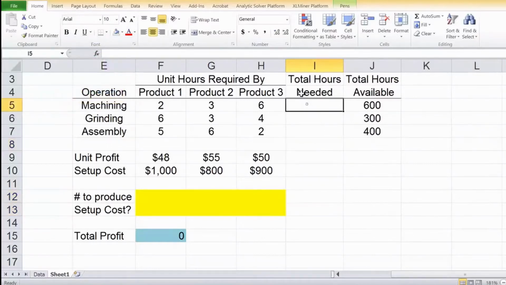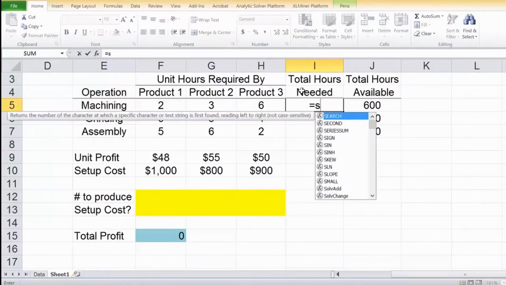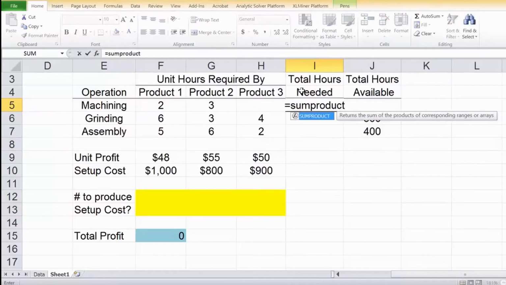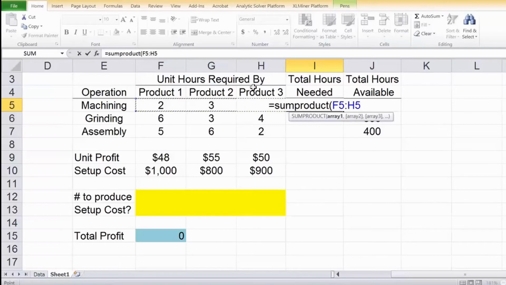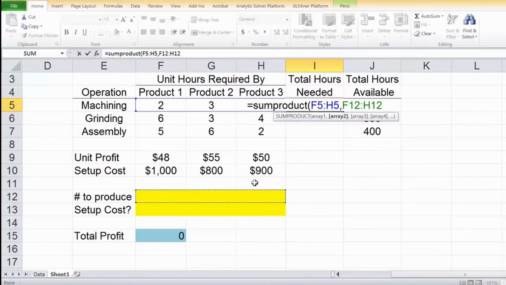The total hours needed will be sum product of the unit resource requirements and our xi's. Later I want to copy this formula down, and I don't want this row to shift, so I'm going to put the $ sign before the row number here.